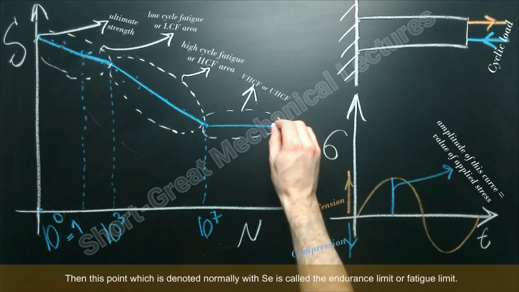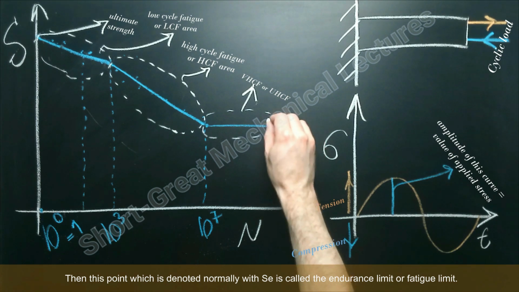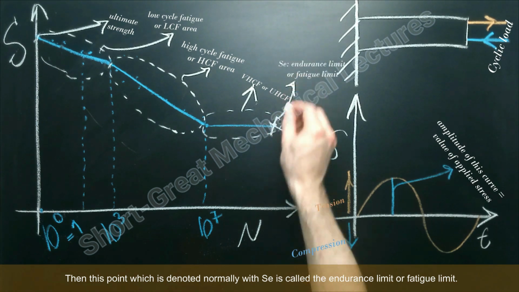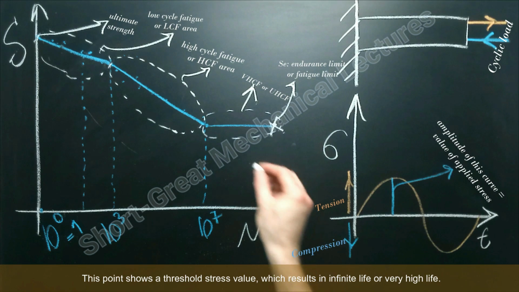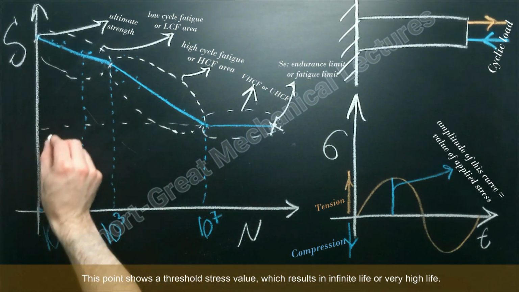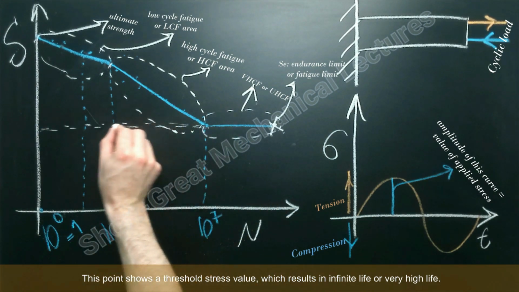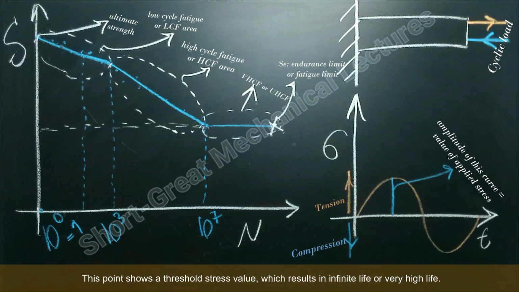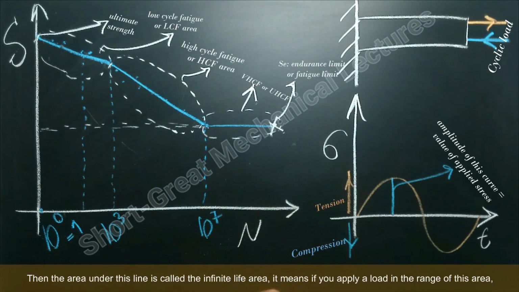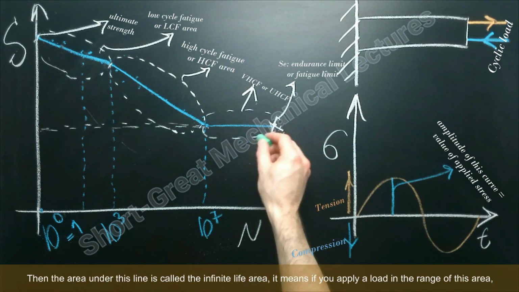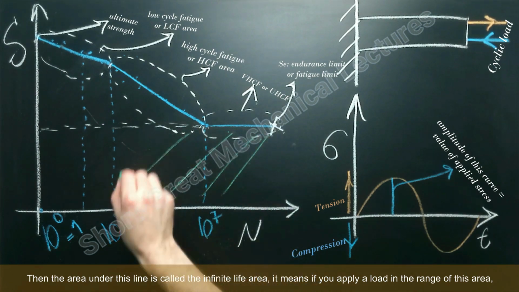Then this point, which is normally denoted with SE, is called the endurance limit or fatigue limit. This point shows a threshold stress value which results in infinite life or very high life. Then the area under this line is called the infinite life area.